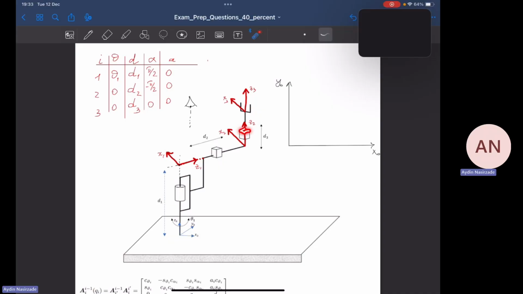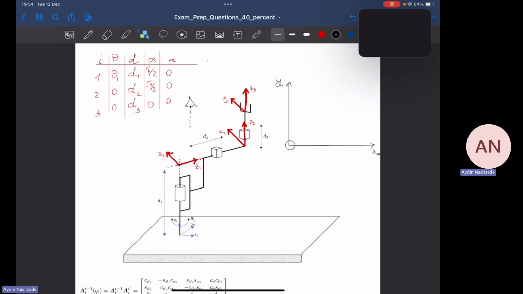I can see the top of this prismatic joint and the x2 axis as well, and the x3 axis as well, and z3. No, I cannot see z3. So what I'm going to do is slowly draw them in a planar view. The first thing was the revolute joint's top view.